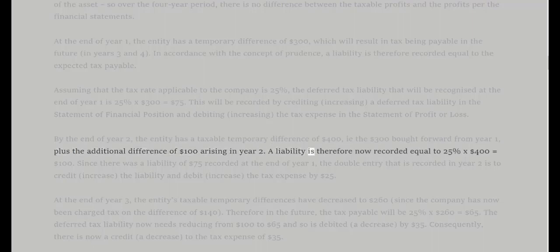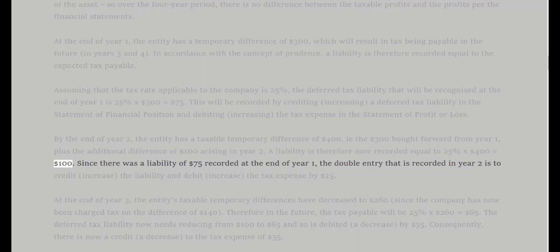A liability is therefore now recorded equal to 25% x $400 equals $100. Since there was a liability of $75 recorded at the end of year 1, the double entry that is recorded in year 2 is to credit, increase, the liability, and debit, increase, the tax expense by $25.